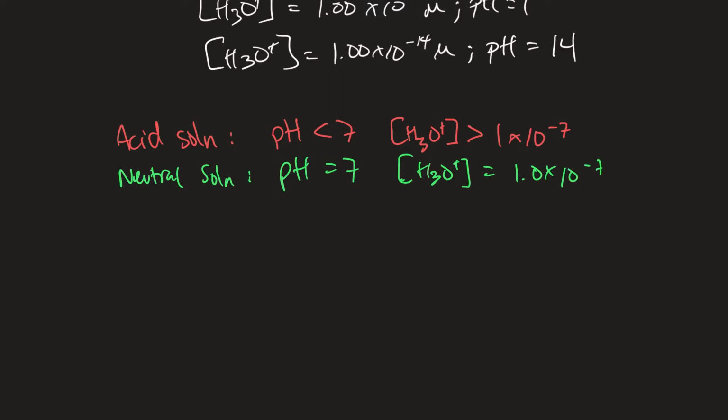For a basic solution, its pH is greater than 7, and the hydronium concentration is less than 1.0 times 10 to the negative 7. That's the way you need to think about this.